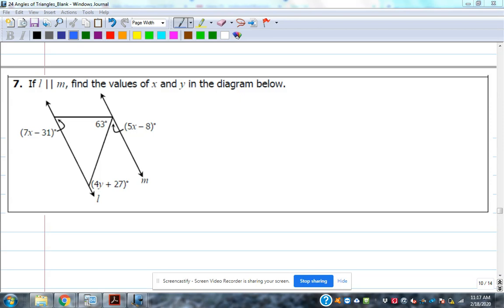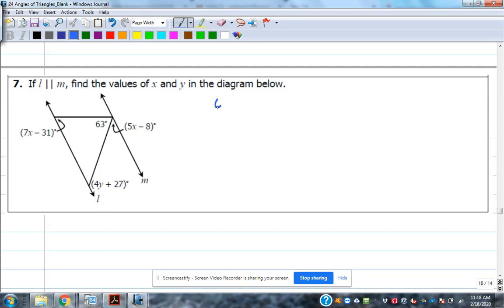So what can I do? Because that creates a triangle, right? All right, there we go. So I could take 63 plus 7x minus 31.